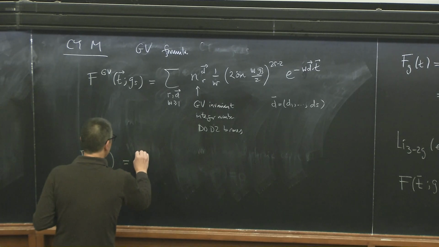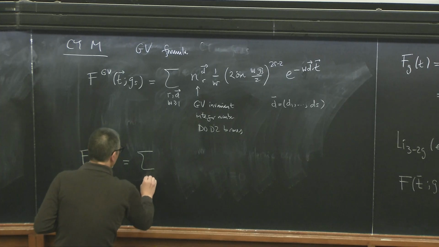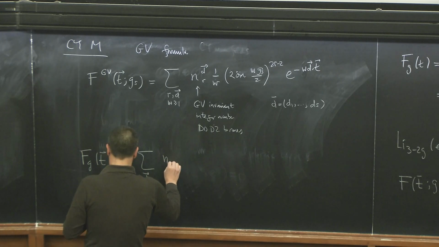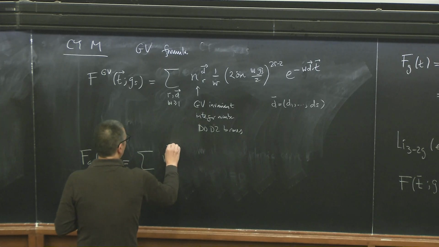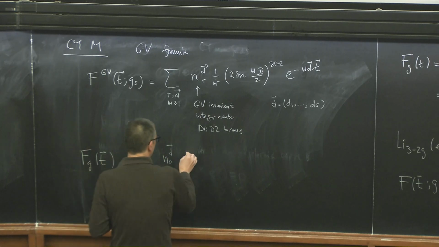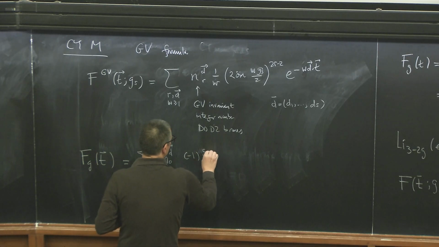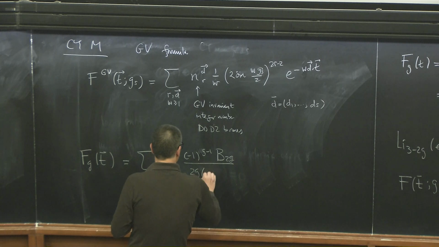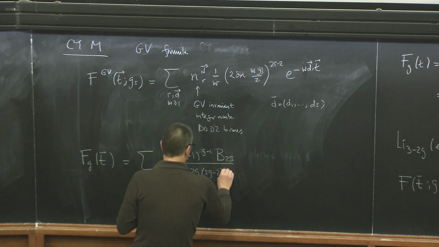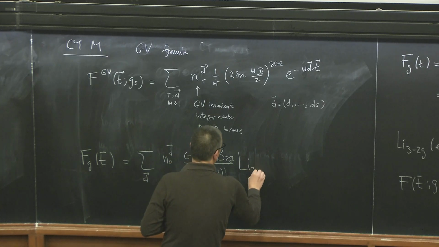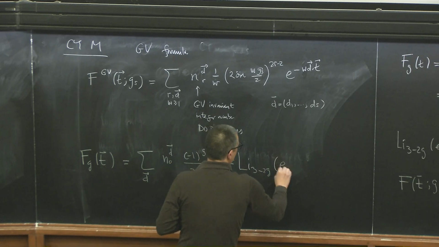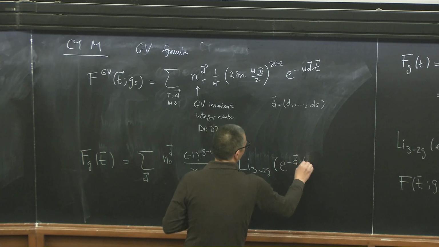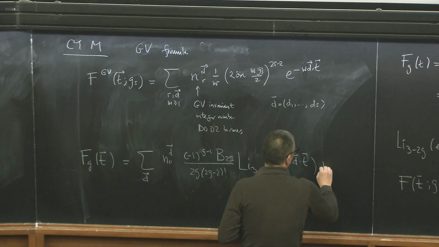And what you will find is that this is a sum over d and so on. So the particles of spin 0 appear first, and then you have this here. And then you have this thing here. And then you have more stuff, okay?